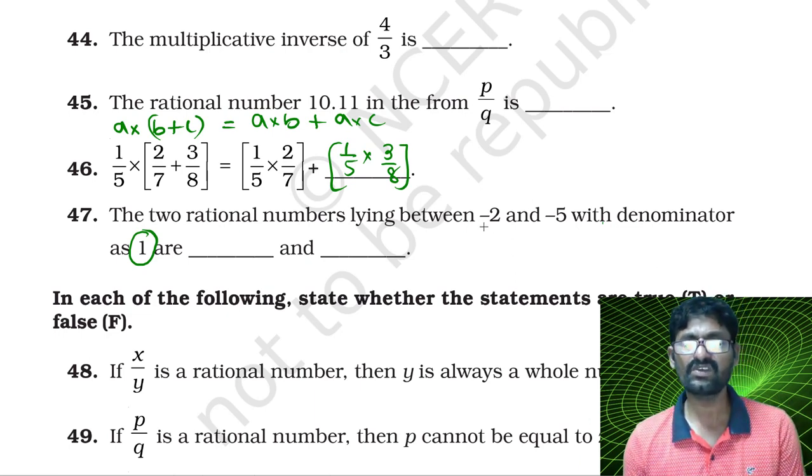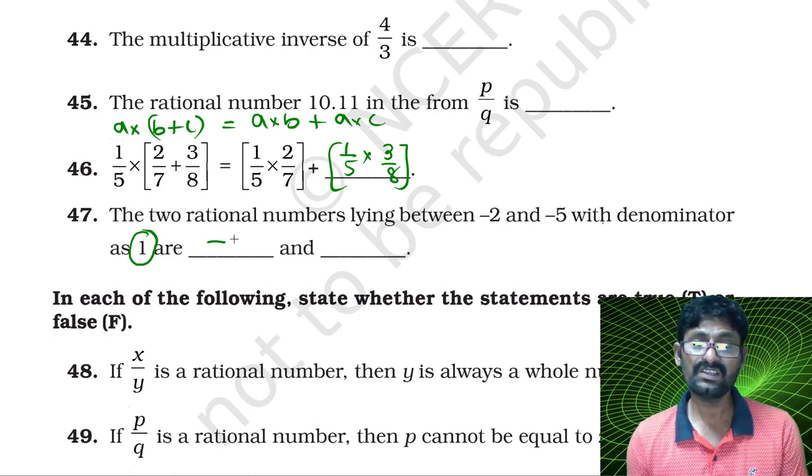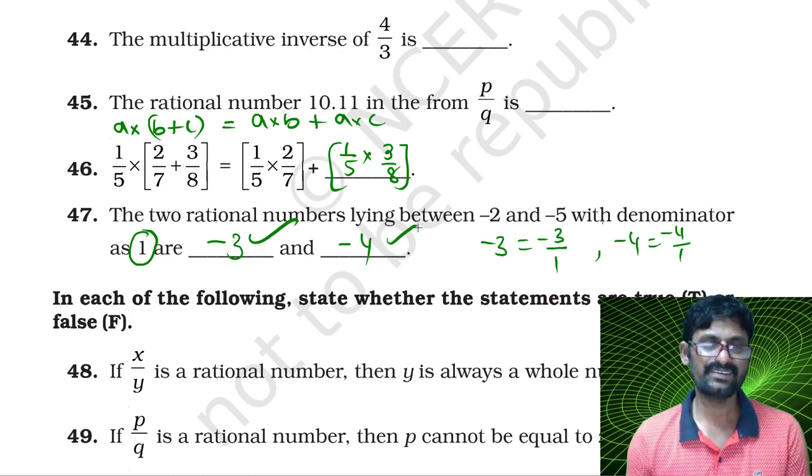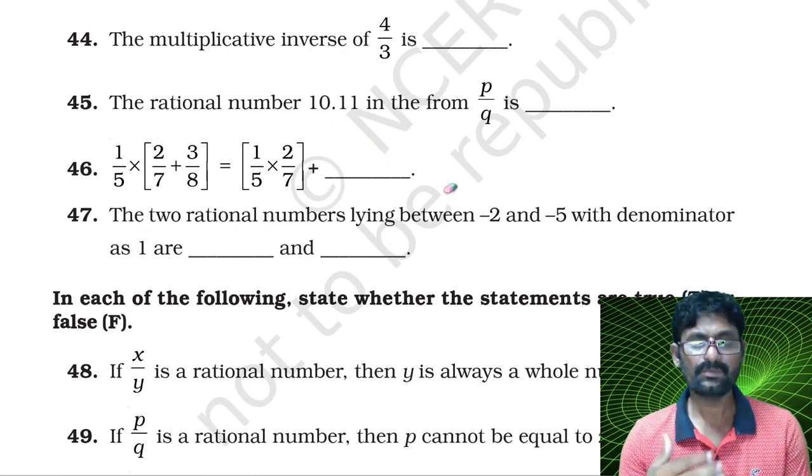What are the integers between negative 2 and negative 5? Negative 3 and negative 4. Now, you can write negative 3 as negative 3 divided by 1 and negative 4 as negative 4 divided by 1. That's it. So the answer is negative 3 in the first blank and negative 4 in the second blank. With this, fill in the blanks.